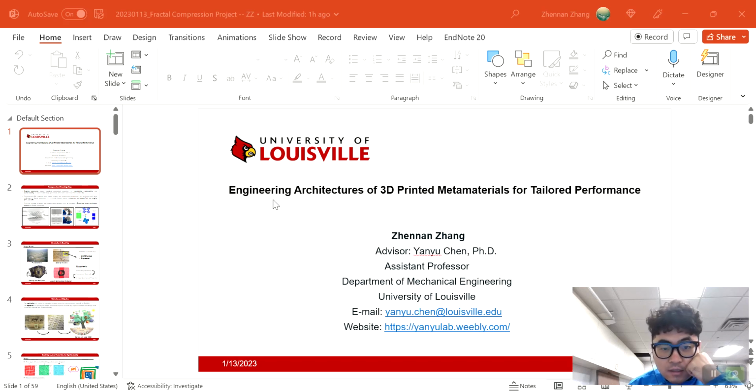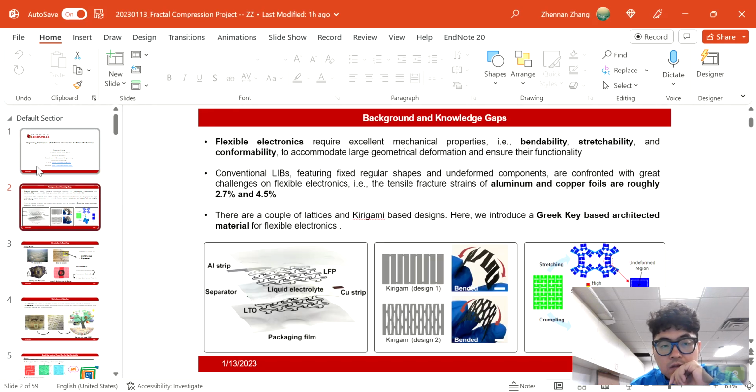Our current project is titled Engineering Architectures of 3D Printed Materials for Tailored Performance. The original motivation for this study is from electronics.